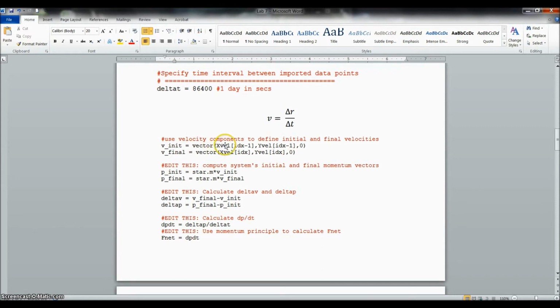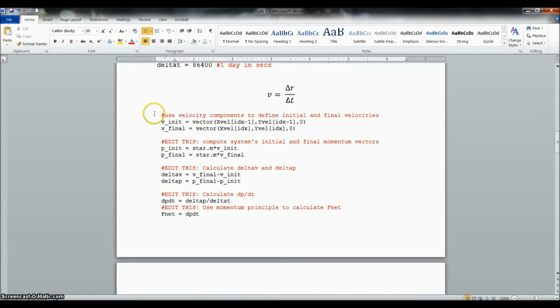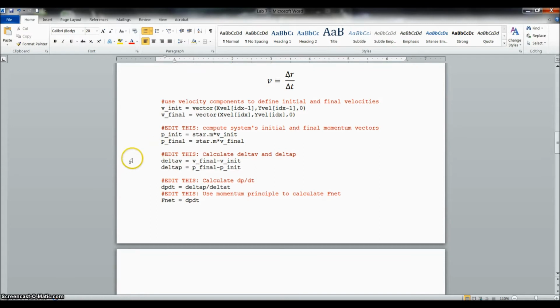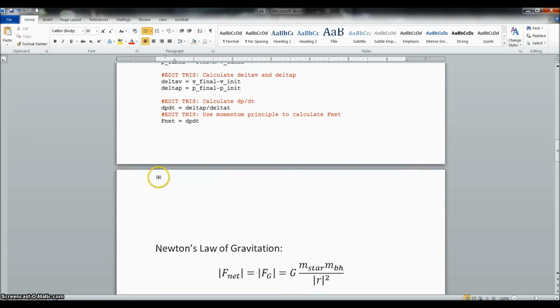I stored those in two arrays called xvel and yvel, which were arrays of velocity data. At each time step I picked a v initial and a v final, and then I multiplied both of those times the star's mass to get a p initial and a p final. From that I could calculate a delta p, which is p final minus p initial, and when you divide that by the delta t, you get dp/dt, which is equal to F net through the momentum principle.